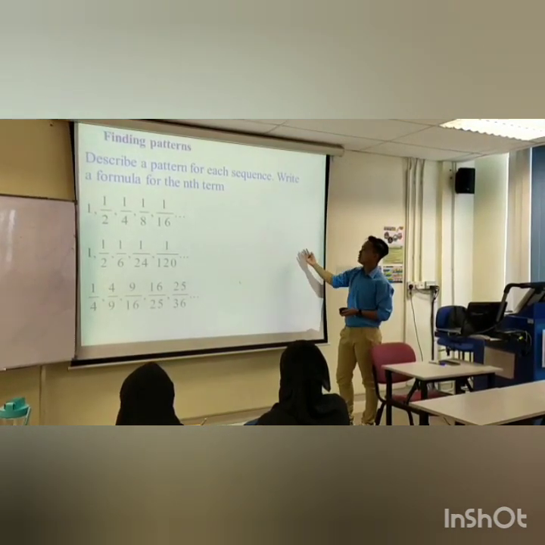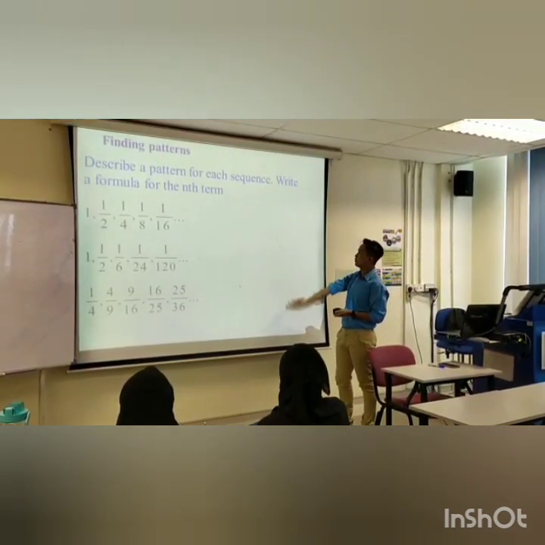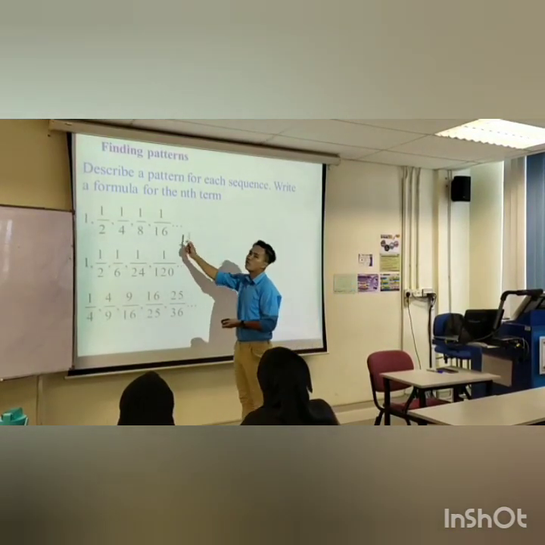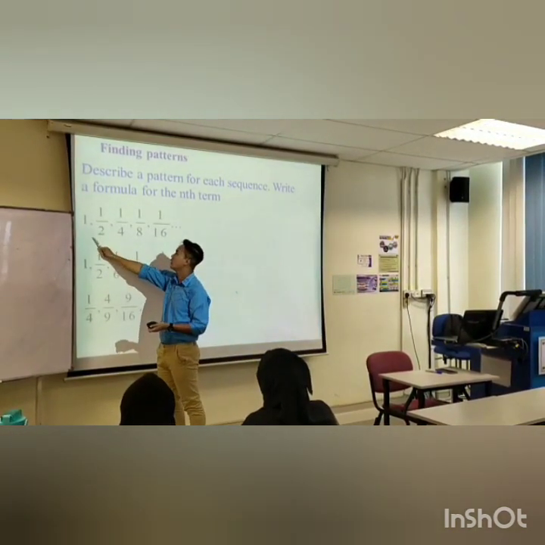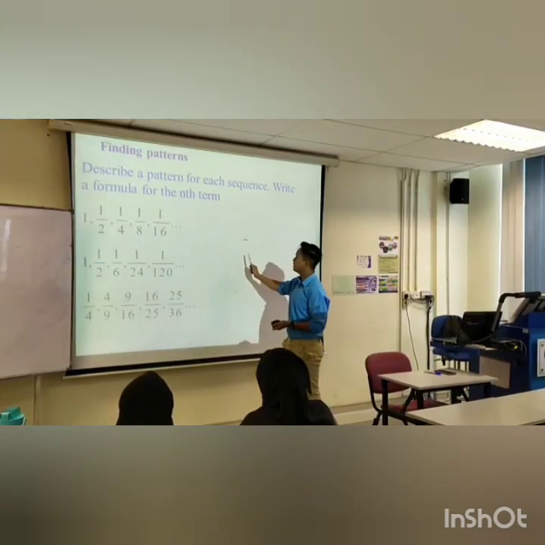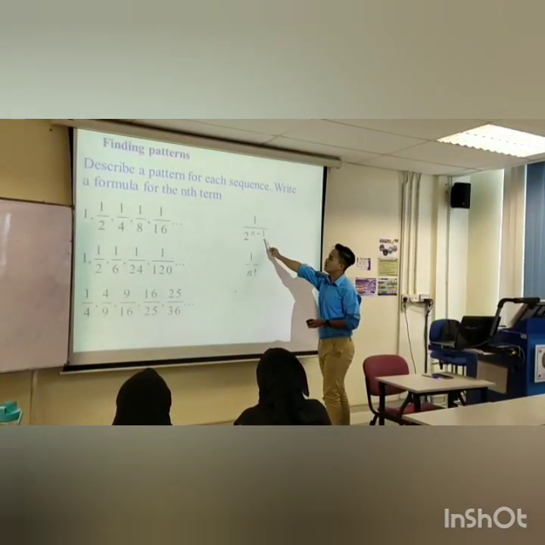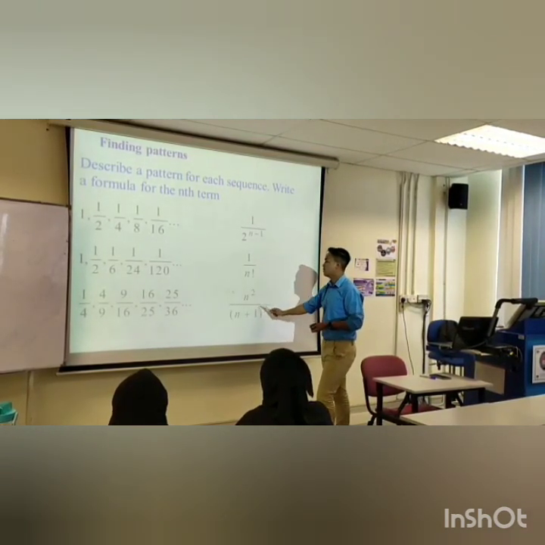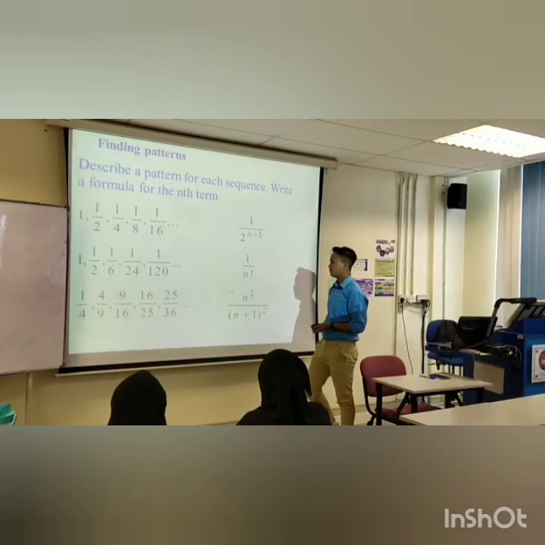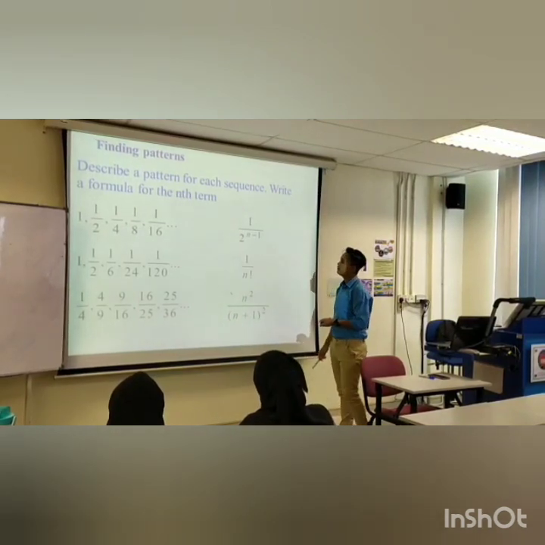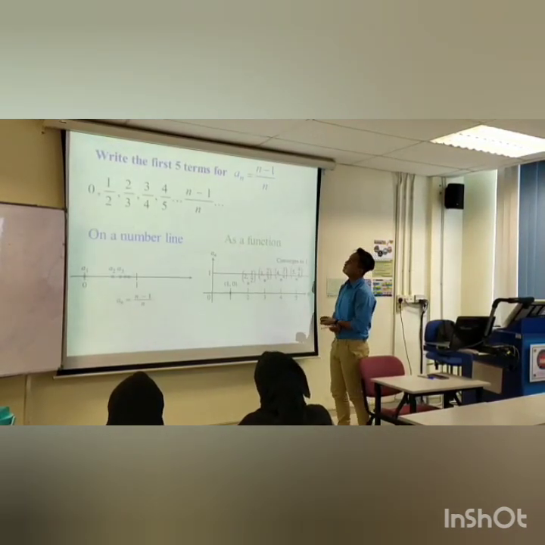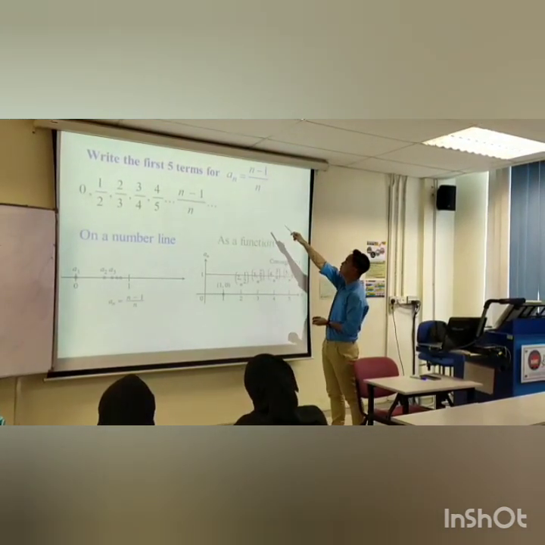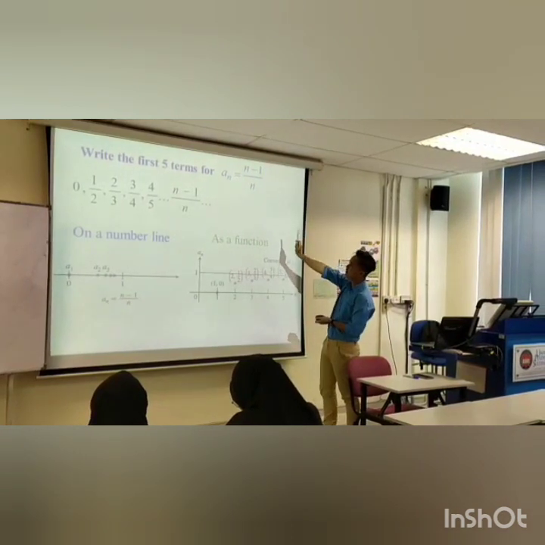So we'll just go through this. Write a formula for the nth term. If you see this, we first must know what is A, what is R. Like this. This is the pattern, and this is the pattern for that one, and this is the pattern for that one. Okay, moving on. Write the first 5 terms for an equals n minus 1 over n.